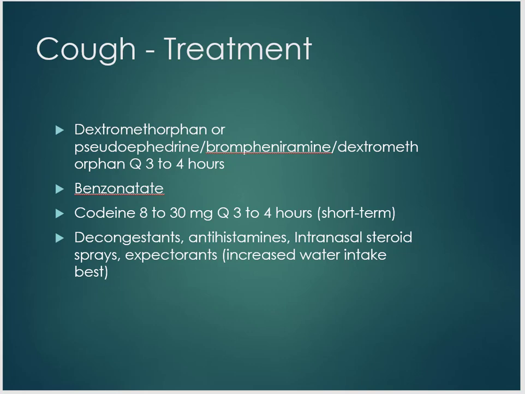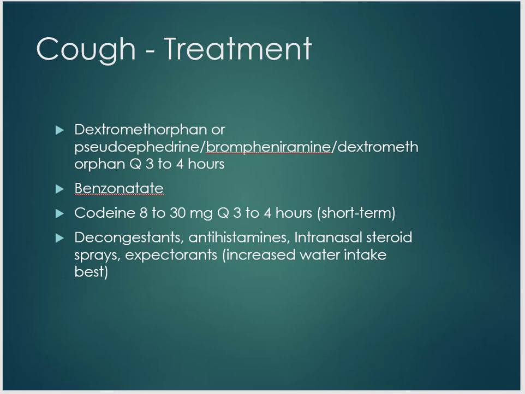Also, you have your decongestants, your antihistamines, your intranasal steroid sprays, and expectorants, and with those it's very important that you have increased water. Otherwise, the drainage that may be causing the cough is going to become thicker, but increased water intake helps all of your drainages to be a little loose.